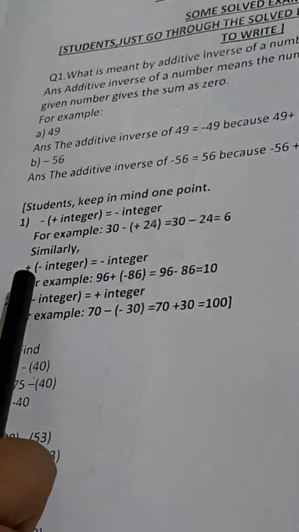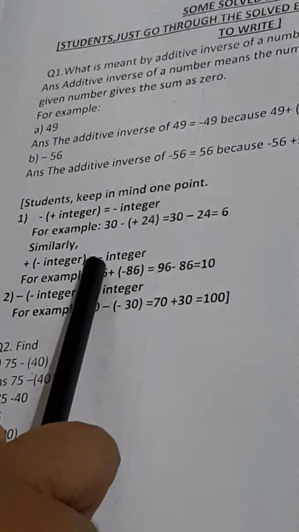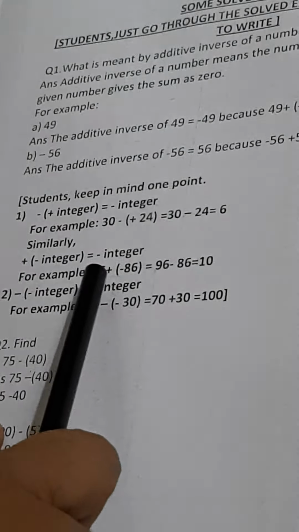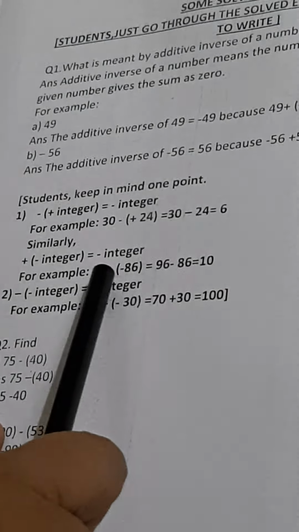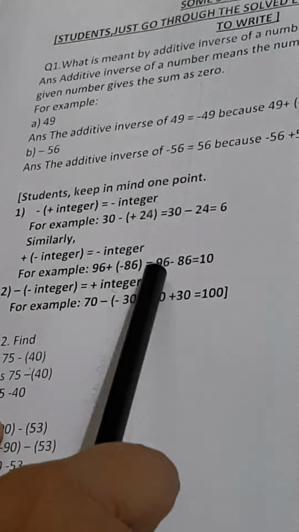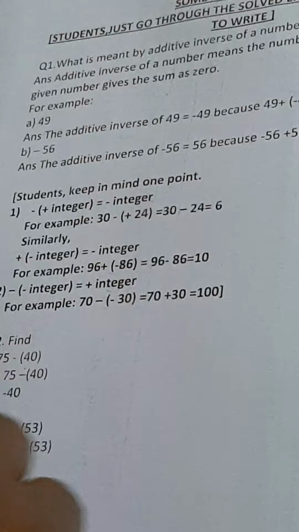Similarly, I have written plus in bracket minus integer will give me minus integer. That means I have given one example, 96 plus in bracket minus 86. So what I said, plus of minus is minus. So 96 minus 86 is equal to 10. So it's very simple.